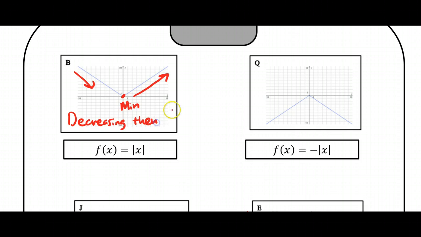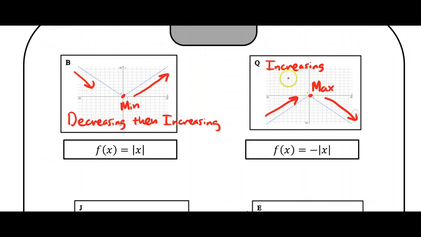So this one we would say is decreasing, then increasing. Graph Q, on the other hand, has a high point, so it has a maximum. If you go from left to right, it starts out as increasing, and then it decreases. So this one would be increasing, then decreasing, but again, it does do both.